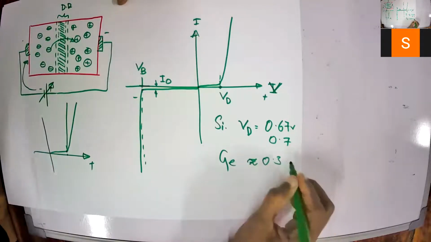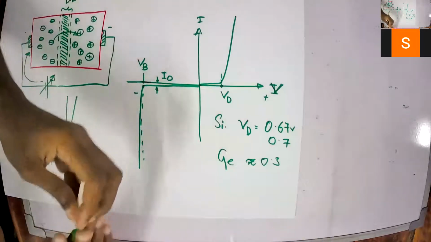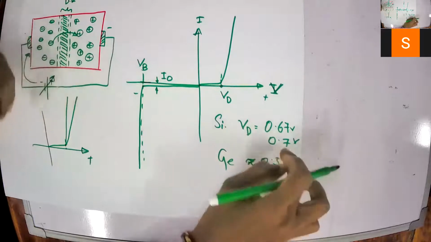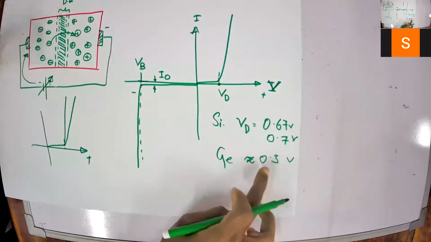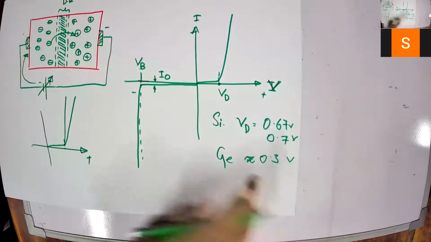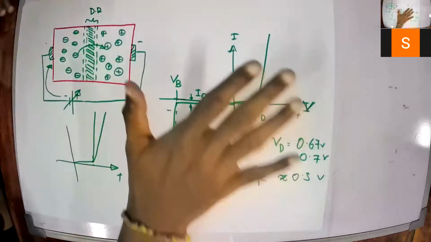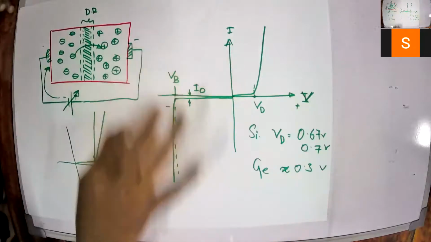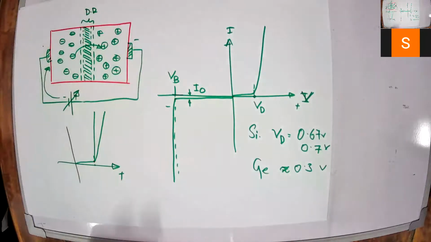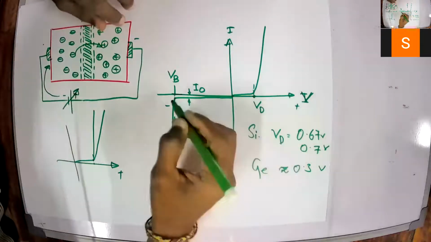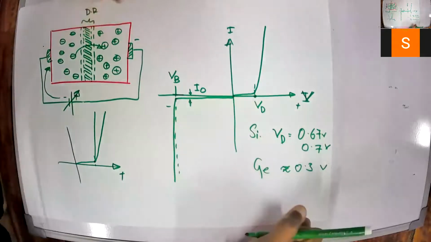It is not exactly 0.3, but for our calculations we are assuming it as, for silicon, 0.7 volt, and for germanium, 0.3 volt. And this is the IV characteristic of a PN junction diode. So a diode has a barrier potential VD and a breakdown potential.